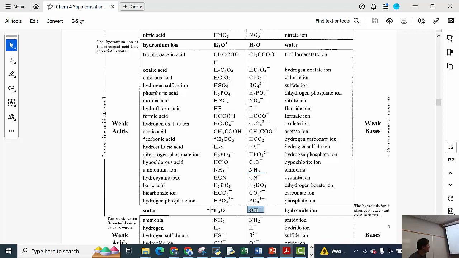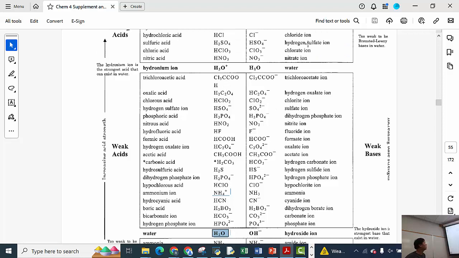Let's take a look at the acid. Let's say we're going from water, the acid here, to ammonium here. And so if we're going from water here to ammonium here, do you see the climb? Yes. We have to climb this high. But let's say we're going from water here to hydrochloric acid up here. Do you see how high we have to climb? That's going to be a lot harder to do than something like water to ammonium.